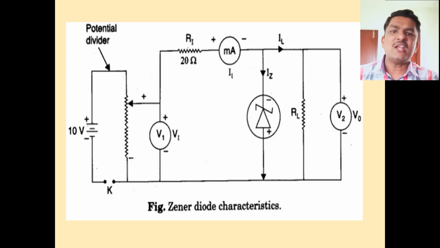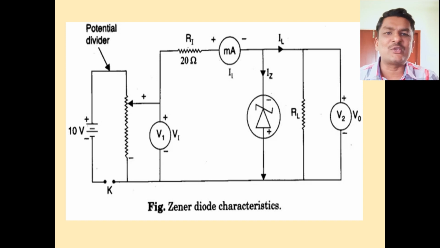Zener diode can be used as a voltage regulator. This is the circuit diagram of the Zener diode. This is the symbol of the Zener diode. To the Zener diode, a series resistance is attached.